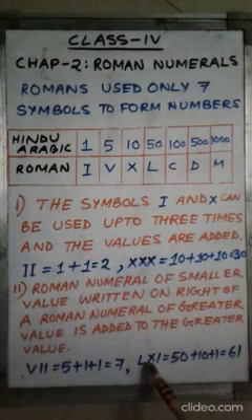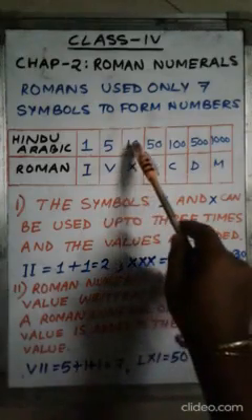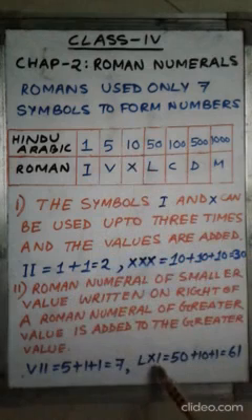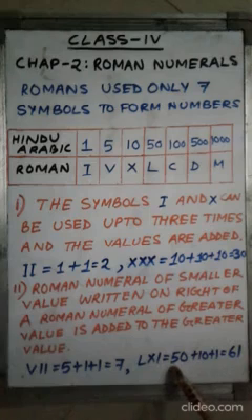This is having lesser value than this symbol, which is having value 10, so it will be added. Then this symbol is having lesser value than this, so it will be added. So for this symbol in Hindu-Arabic notation, it will be 50 plus 10 plus 1, that is equal to 61.